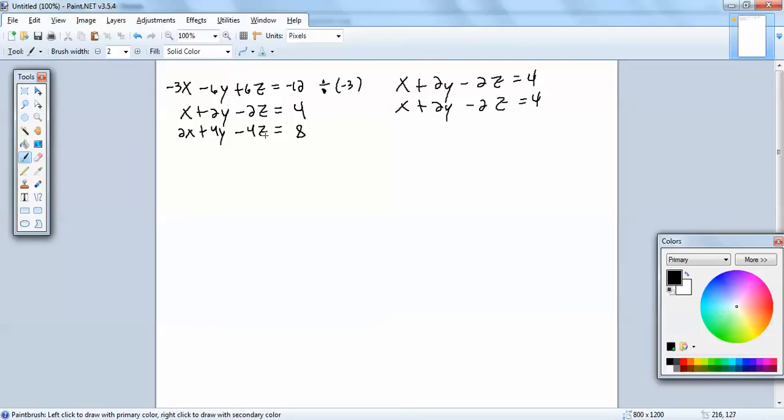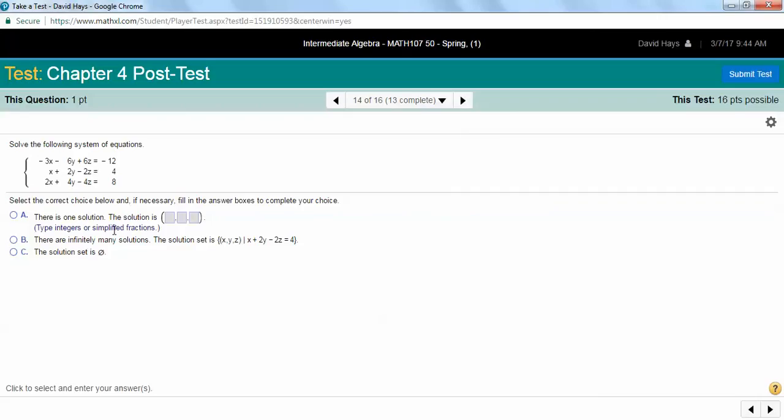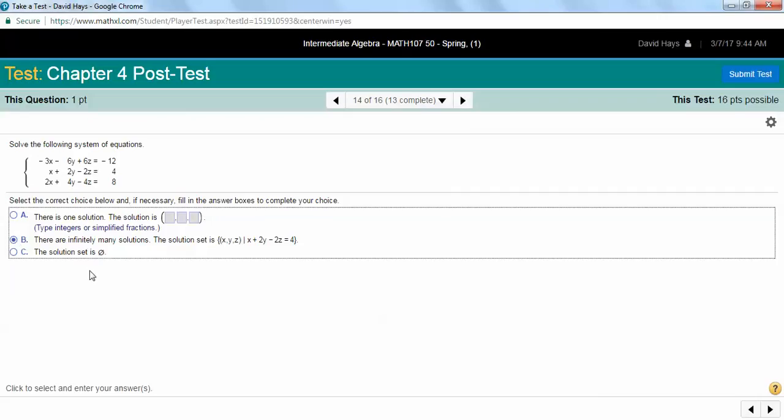And if I divide everything in the last equation by 2, I'd get x plus 2y minus 2z is equal to 4. Notice how they're all the same. That means there's an infinite number of solutions, and that'd be B. When I was writing it down, what jumped out at me is how they were all divisible by the same number. Oftentimes that means it's one of the oddball cases.